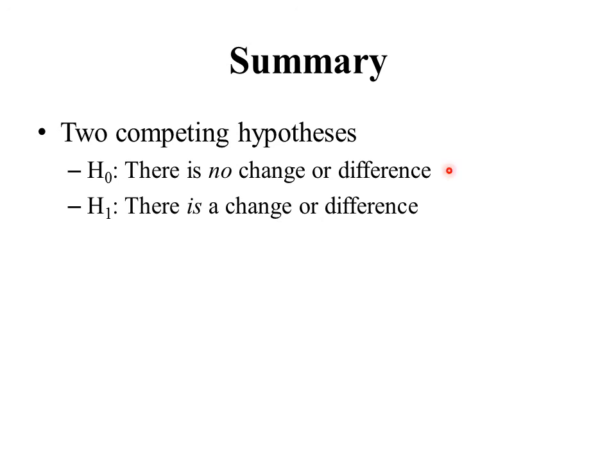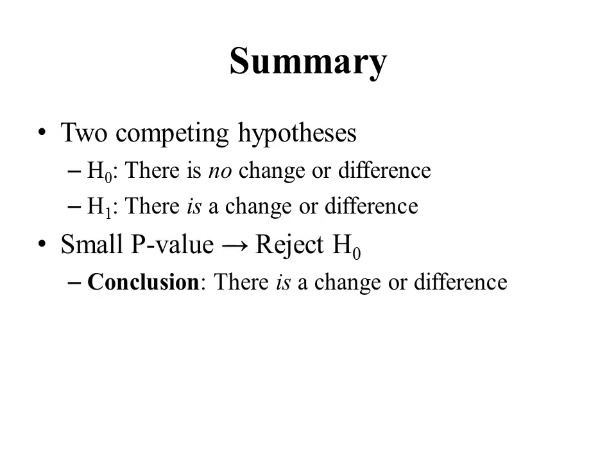The null is that there is no change or difference between different populations, or from what we expect, or from what happened in the past. The alternative is that there is a change or difference.